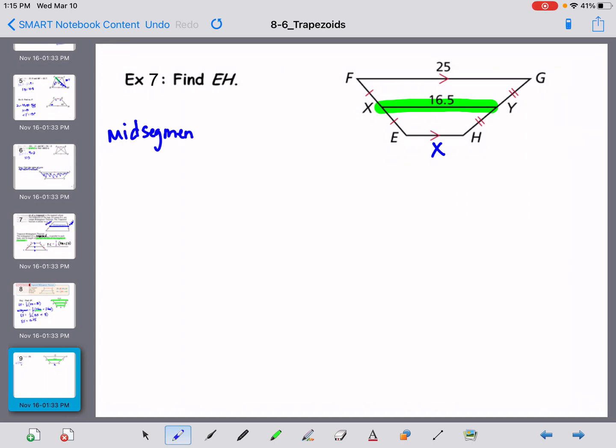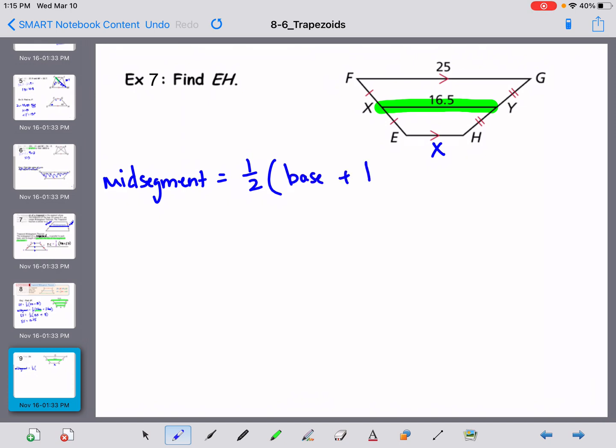Mid-segment equals half. I'm going to run out of room writing it, so let me write it down below. Mid-segment equals half of base plus base.